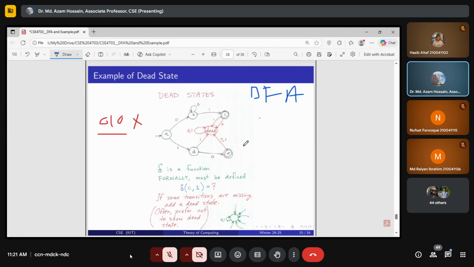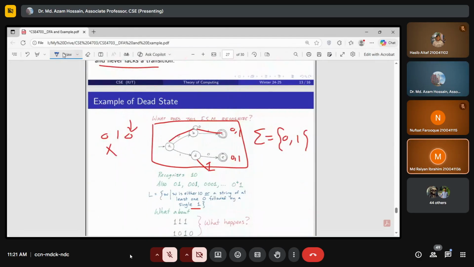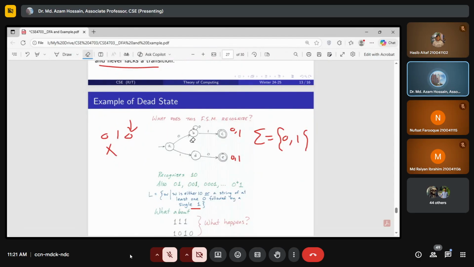So what does it mean? Are these labels not here? Is this not a DFA? Huh? What do you say? It is not a DFA?